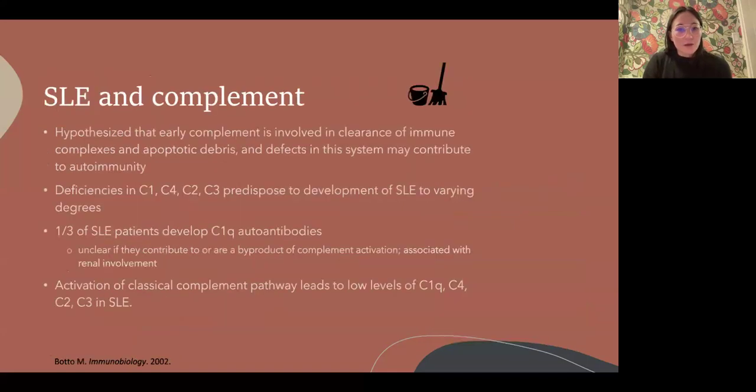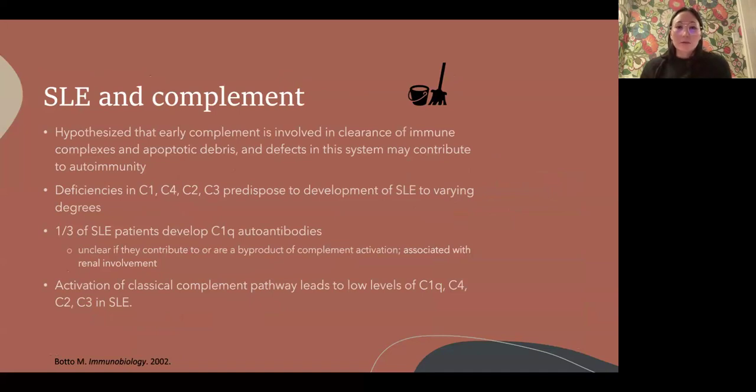And then I wanted to talk also about lupus and complement. So why do all of these early complement disorders get lupus or are at risk? And it's hypothesized that the early complement cascade is needed to clear immune complexes and apoptotic debris. So if you're not clearing those, this may lead to autoimmunity and the production of autoantibodies.